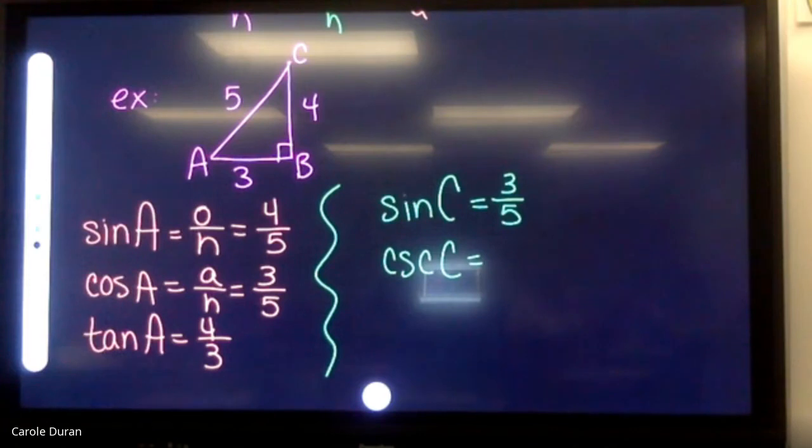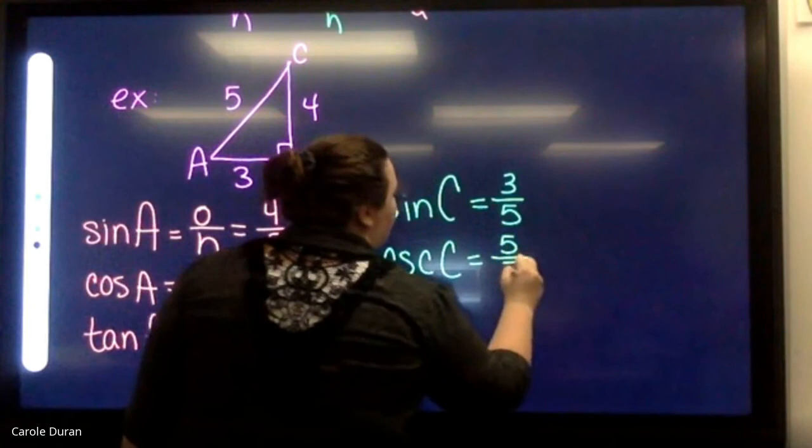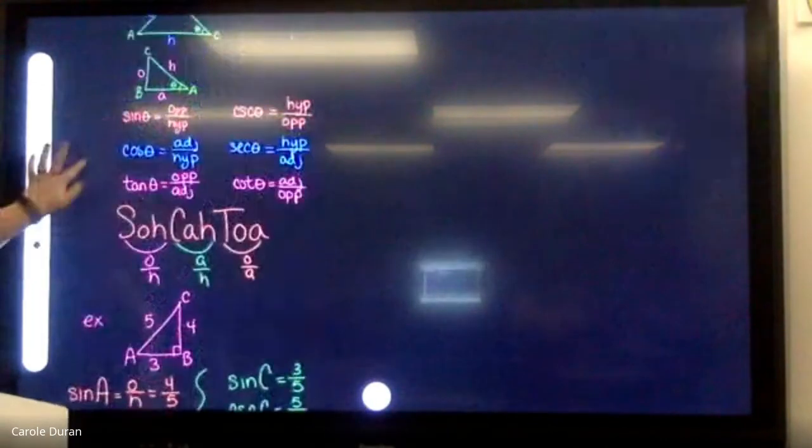Kennedy, what is cosecant of angle C? 5 over 3. How did you get that? Because it's the hypotenuse, which is 5, over the opposite, which is 3. Perfect. It is also the opposite of sine. I know my sine was 3 over 5, so cosecant must be 5 over 3. There's a reason I wrote them across from each other up here.